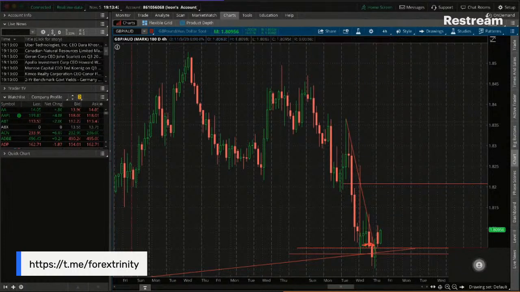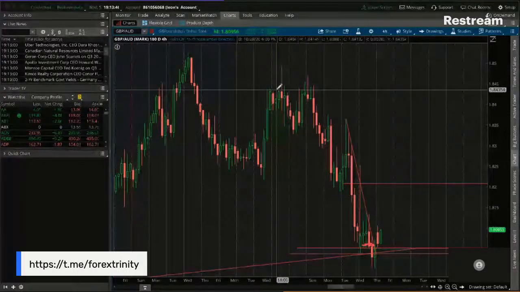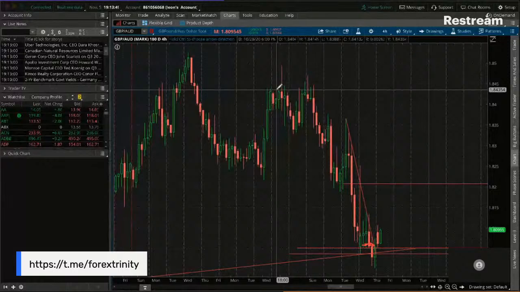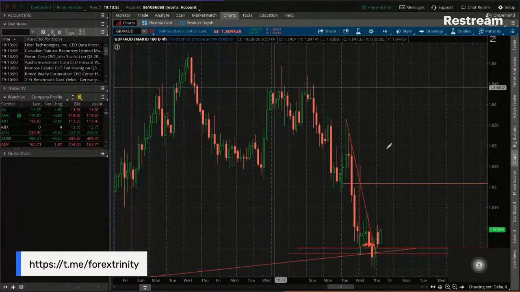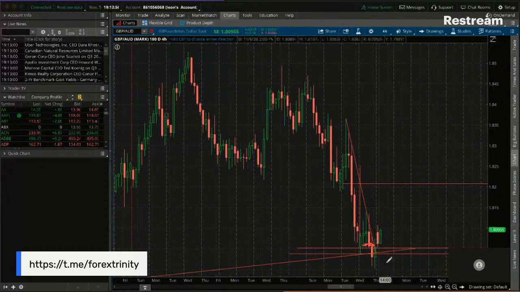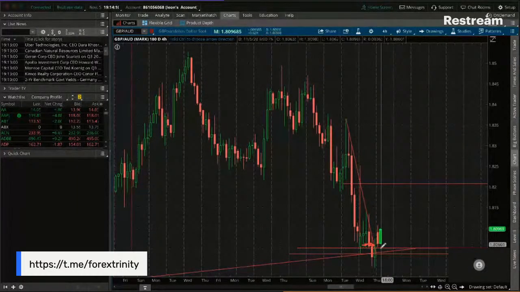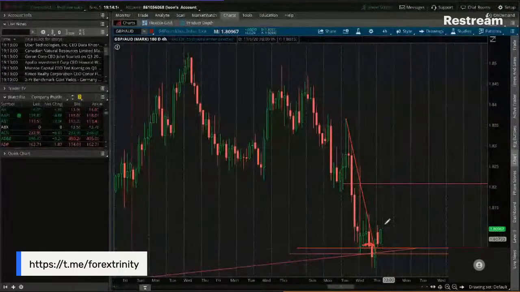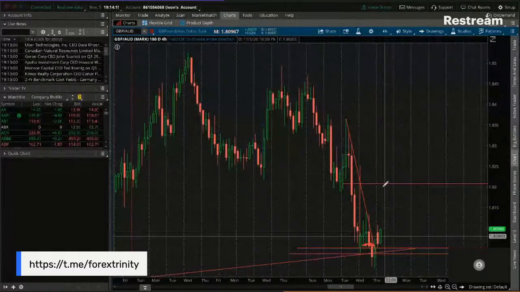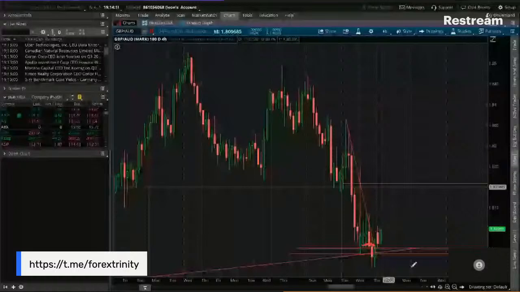Let's take a look at some different ones. This one here. Some of these are still dropping down here, but this is what they would call a pullback. It dropped, consolidated, shoots back up for another drop, almost like a diagonal.